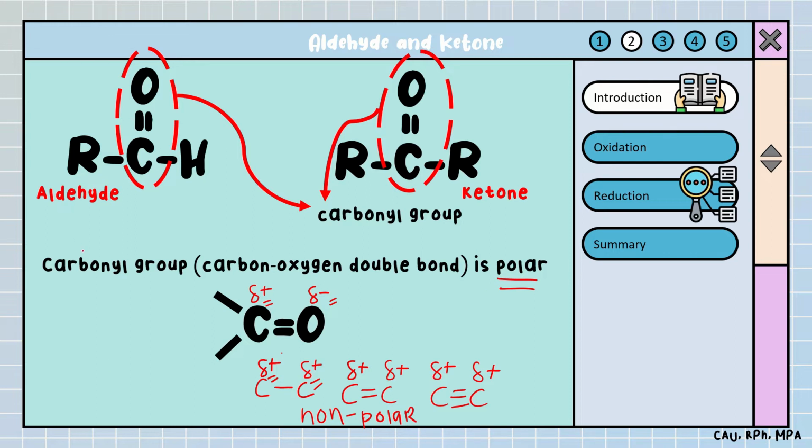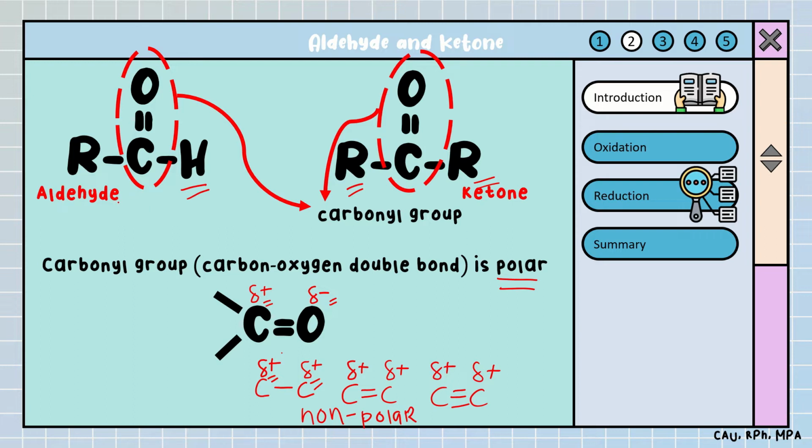So for us to differentiate between the aldehyde and ketone structural properties, you have to take note that the aldehyde carbonyl group should have a hydrogen on its carbonyl carbon, while the ketone carbonyl group has two alkyl groups, or R groups.